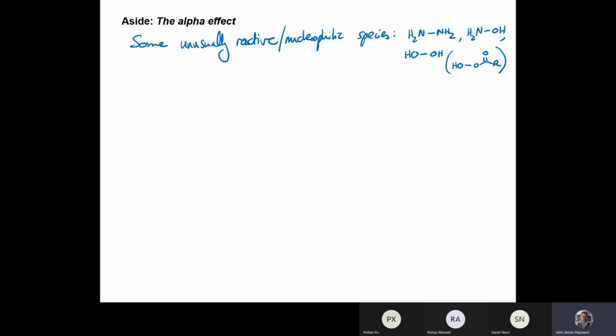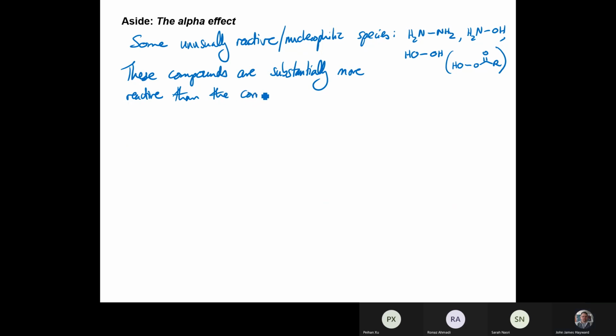Now, these compounds are substantially more reactive than the corresponding amine or alcohol, but they are less basic.